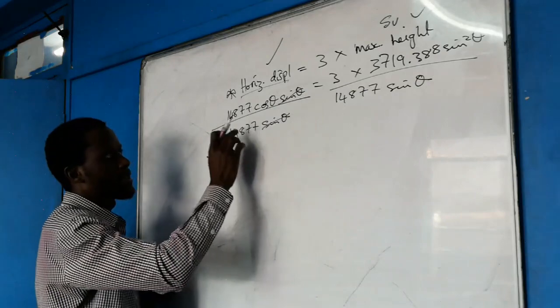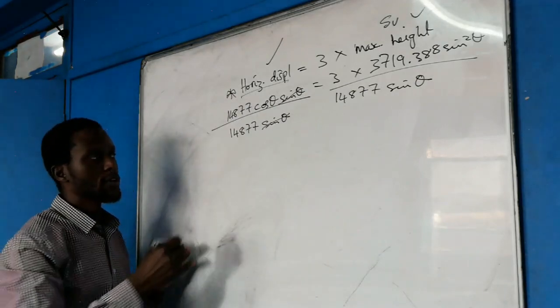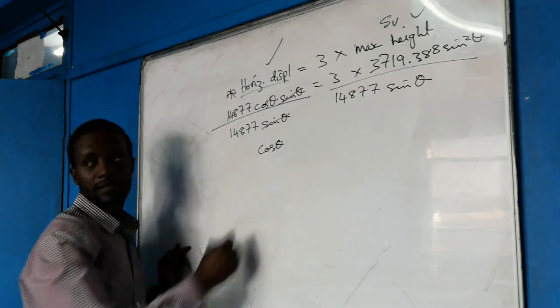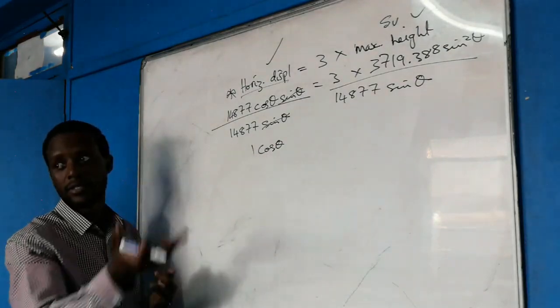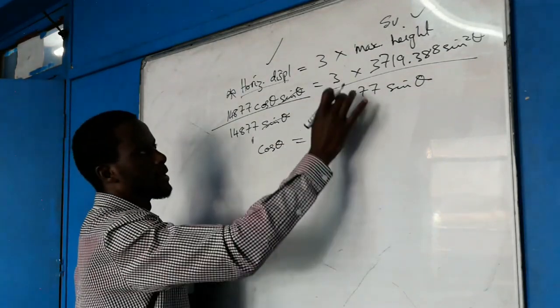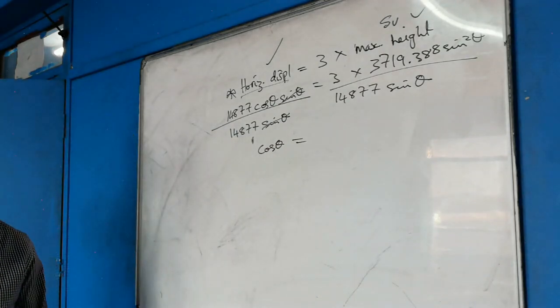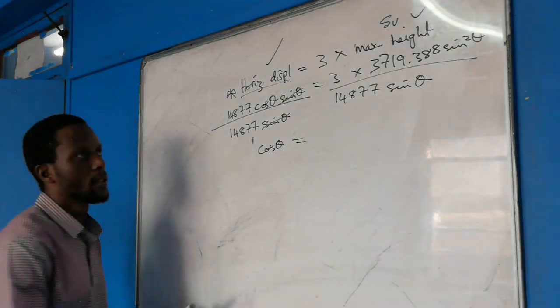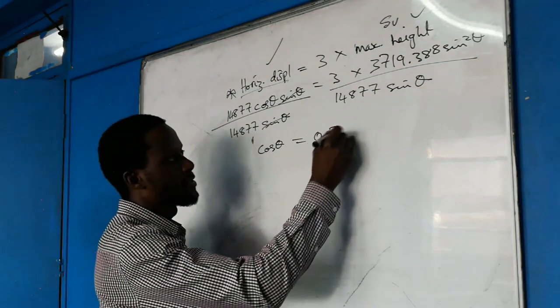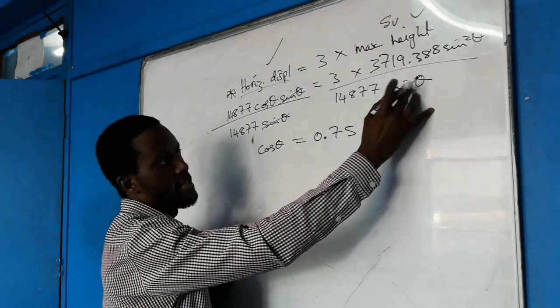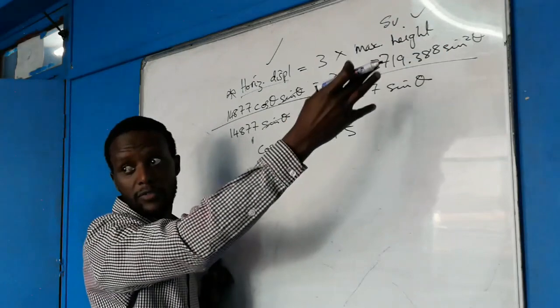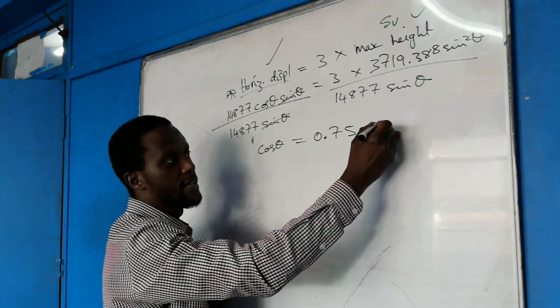This theta and that theta will cancel, this into that will give us cos theta. So now you can divide these ones. 0.75. This is just sine into square root of sine will give us only sine theta.